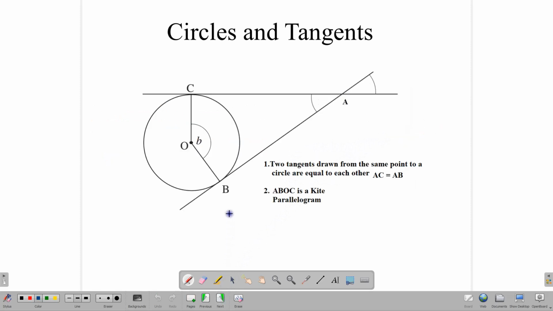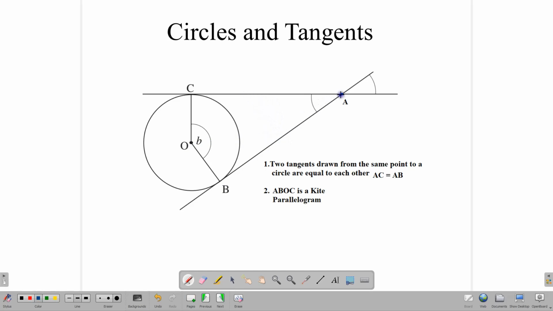The second idea is that if you draw two tangents from the same point, so here we have a point A, and both the tangents AC and AB are drawn from that single point, then both tangents will be equal to each other. So let's talk about this.